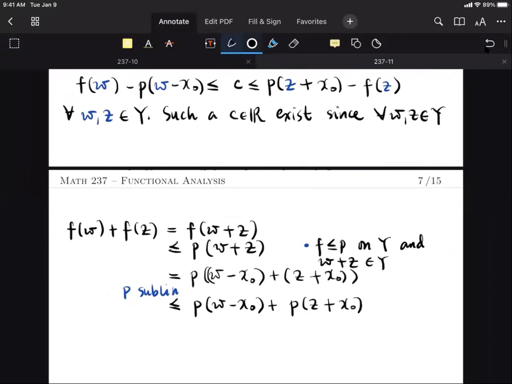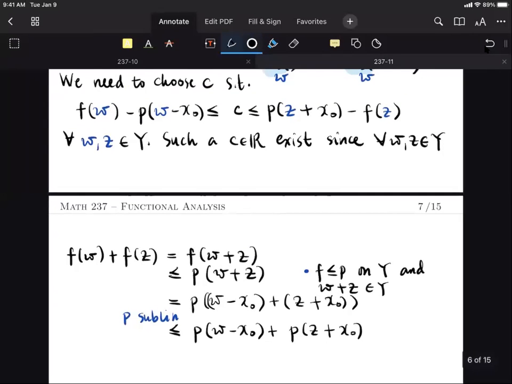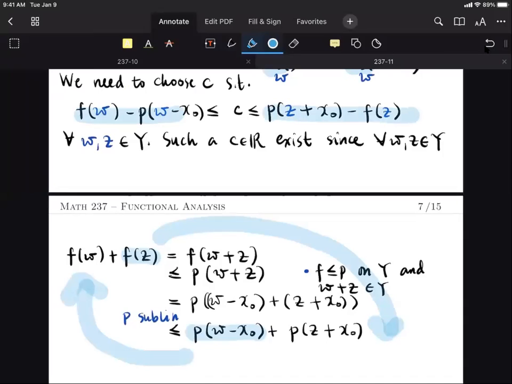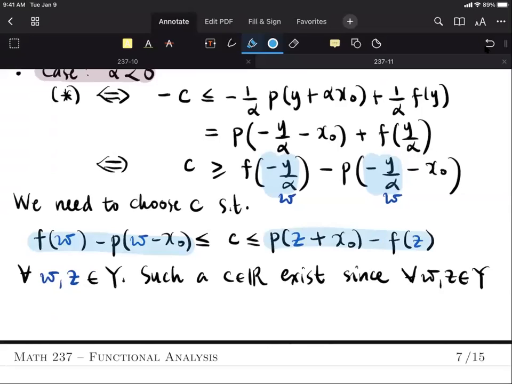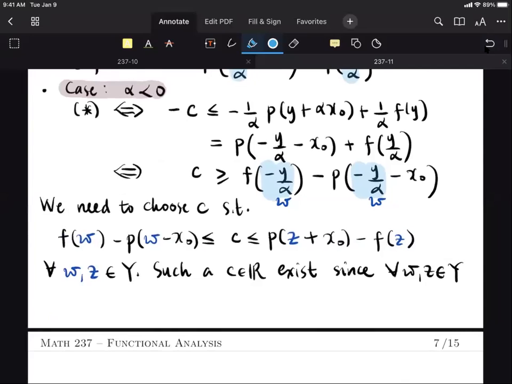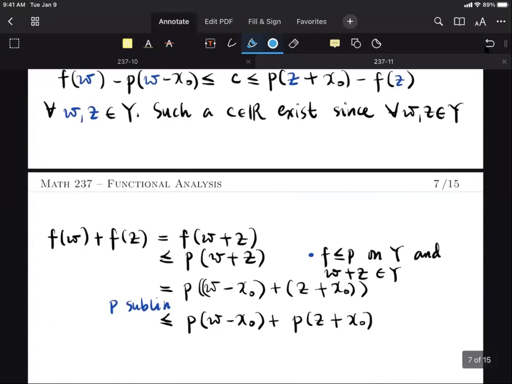Okay, and now you see, after rearrangement, in other words, you put this on the left, you put this on the right, you have this inequality. So based on this, we now know that this is less than or equal to this. So therefore, a C in between these two numbers can be chosen. So that's the first step.